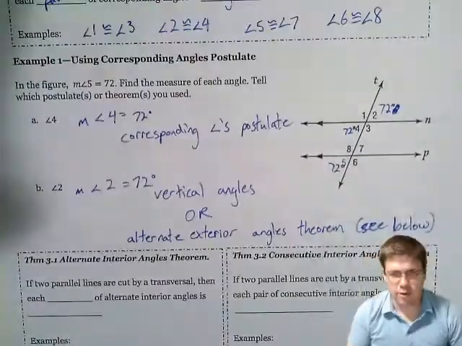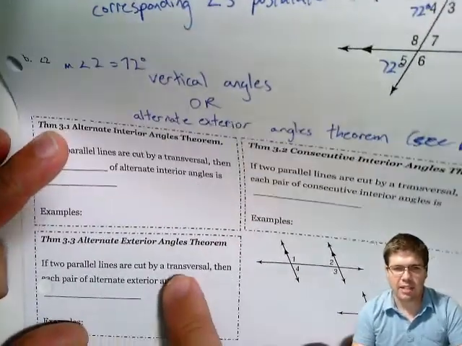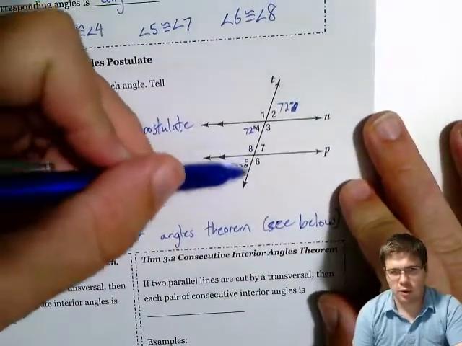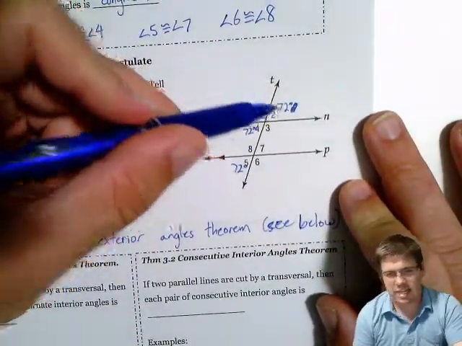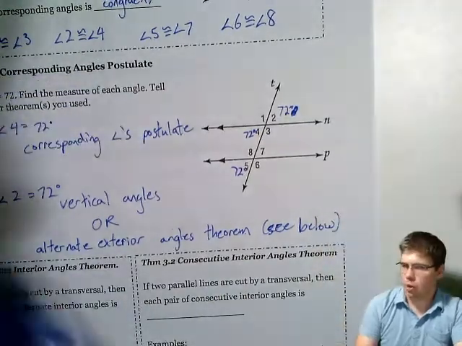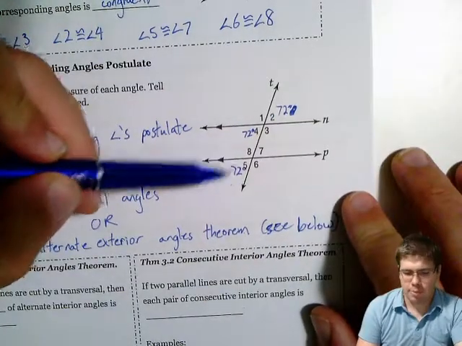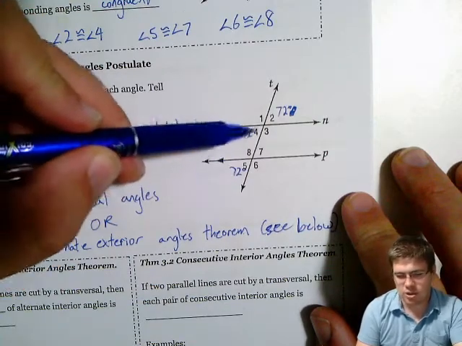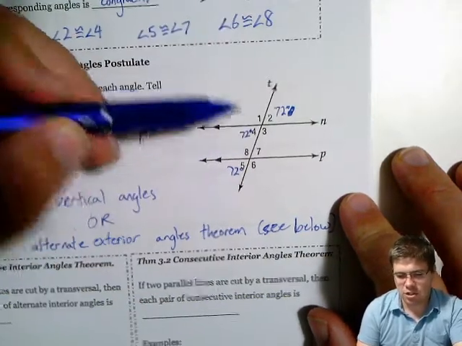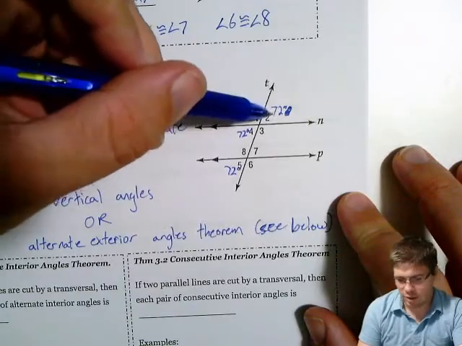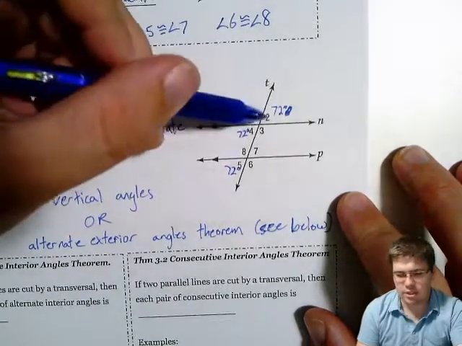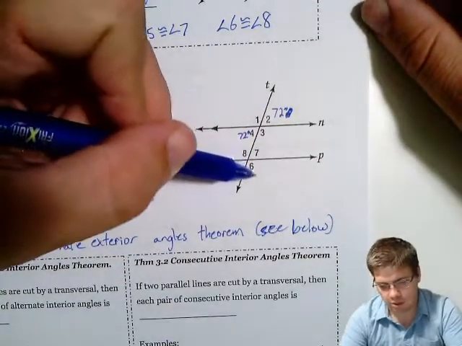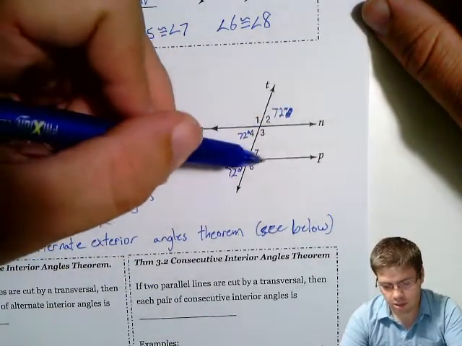So right down here, we've got this alternate exterior angles theorem that basically says, if we know angle 5, the alternate exterior angle is congruent. And we could go through a very short proof of that by proving that whatever this angle measure is going to be the same as that angle measure, and then that angle measure we know is congruent to that one because of vertical angles, and so combining those together, we know that alternate exterior angles will be equal, and so the measures will be equal.